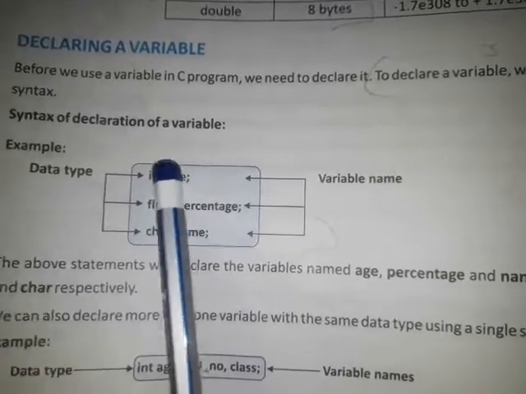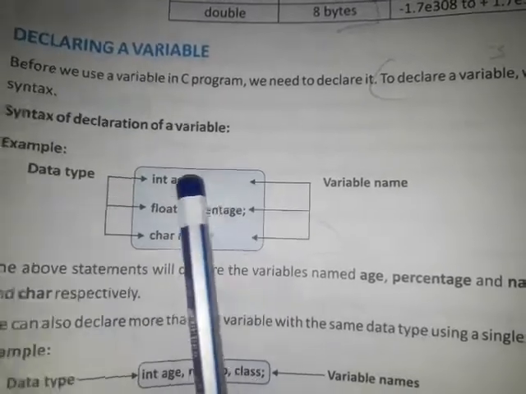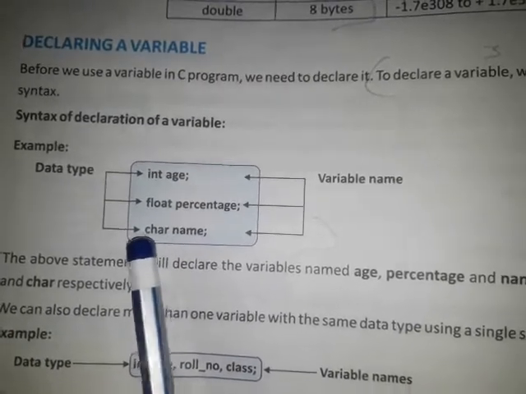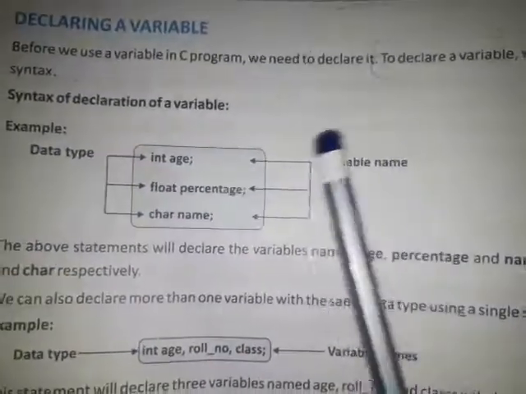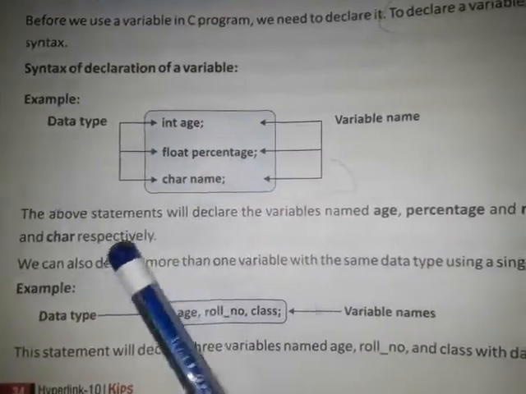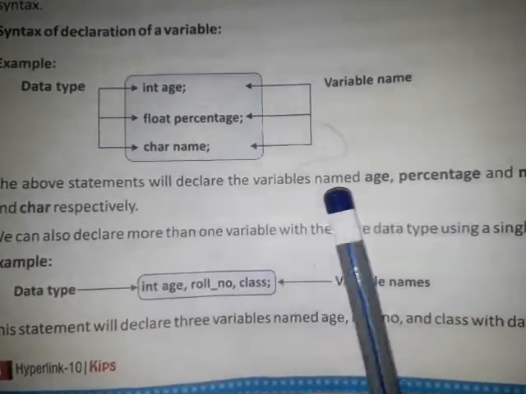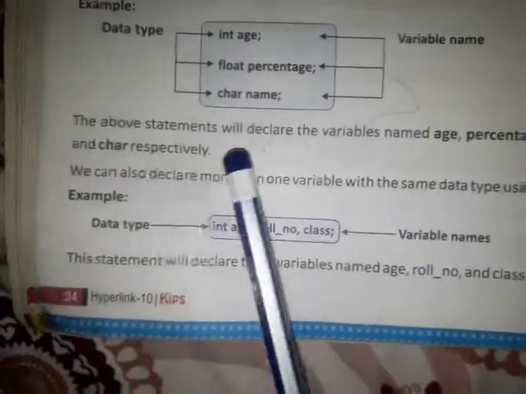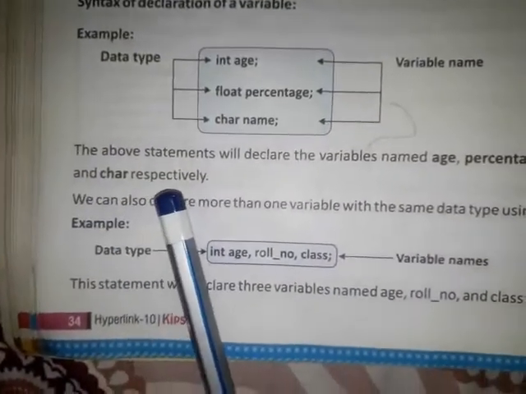So here we are declaring different variables of different types: one is integer, one is float, one is char. This is the way to declare a variable. The above statements will declare the variables age, percentage and name with data types integer, float and char respectively.